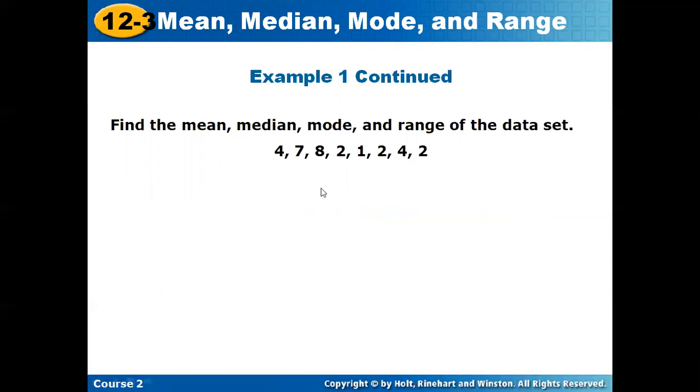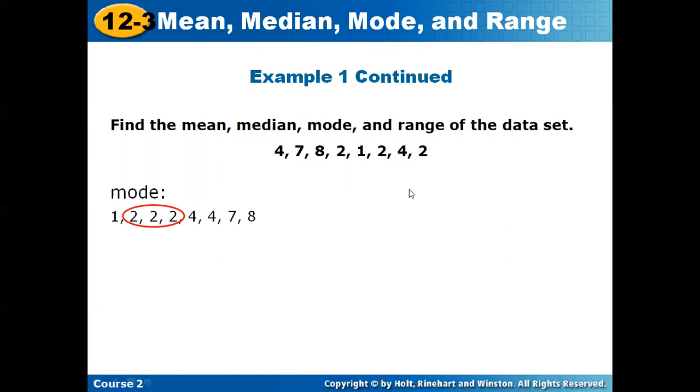Okay, what about the mode? When you find the mode, that is only the number that occurs most of the time. So 1 occurs 1 time, 2 occurs 3 times, 4 occurs 2 times, 7 occurs 1 time, 8 occurs 1 time.